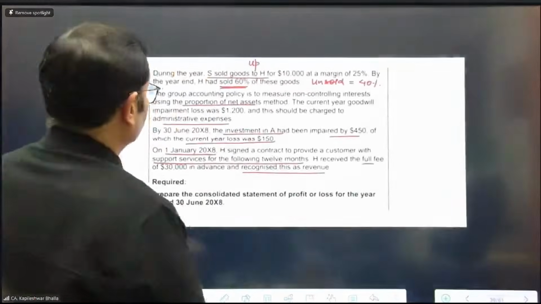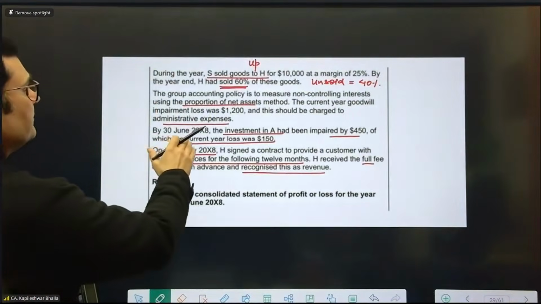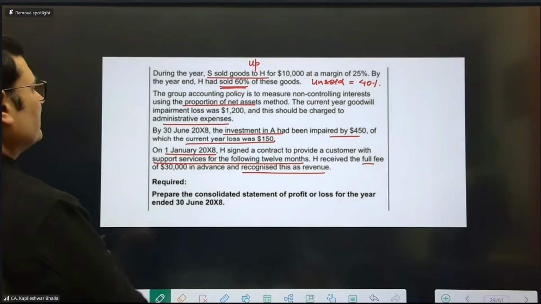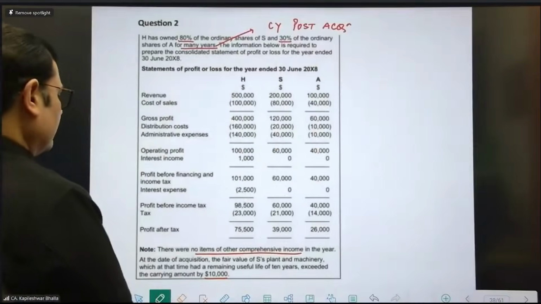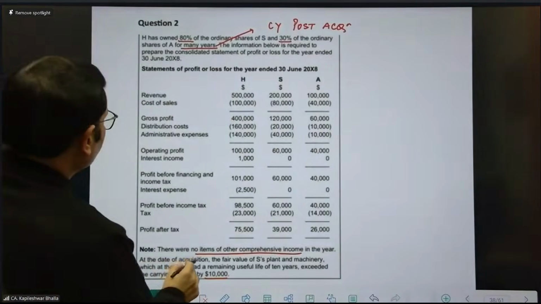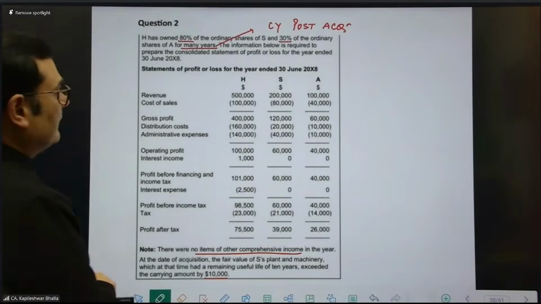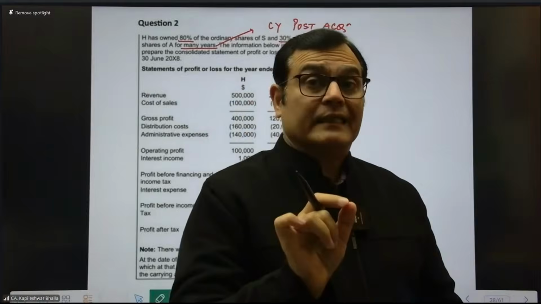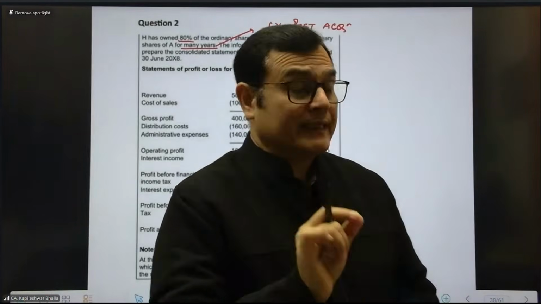Let's see if there is anything else to be taken. I guess there is a goodwill impairment and an investment impairment that will be taken care of later. And there is another item as well: a fair value adjustment. The fair value adjustments will lead to additional depreciation, and we need to decide the appropriate head where this additional depreciation will get captured.